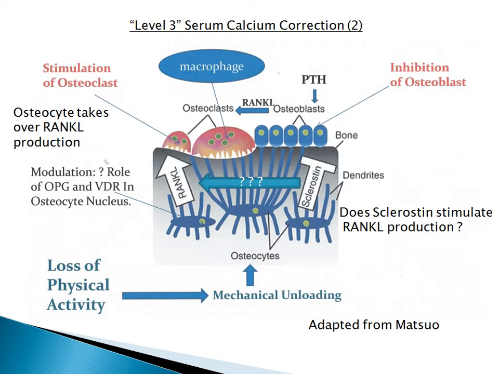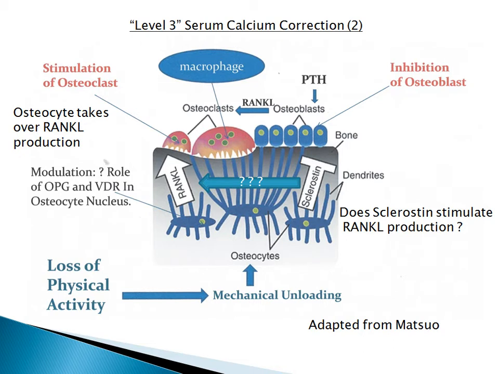Okay, here's a graphic display of the process. This is what happens when the osteocyte takes over. And I have this slide in previous talks here, but I just wanted to review it with you here. Again, you can see with loss of physical activity, there's mechanical unloading, which stimulates the osteocytes to produce rank ligand and sclerostin.